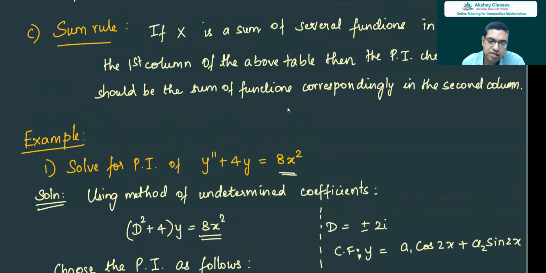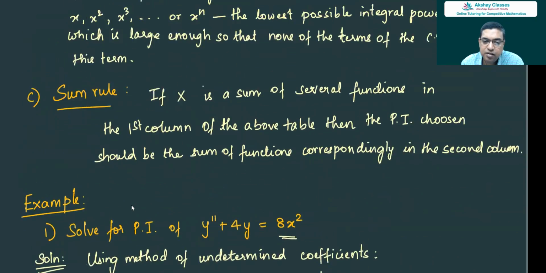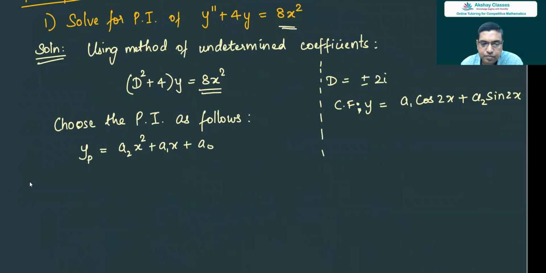So we have chosen this. There are three undetermined coefficients now. And none of these components match with the complementary function, so you don't have to worry. So we apply rule A. That means directly substitute this assumed PI into the equation.